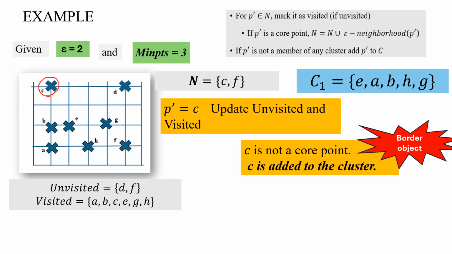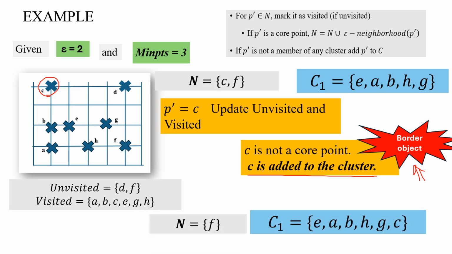It will get added to the cluster. And we can see here this border object. Border objects are those which are themselves not core but fall in the neighborhood of a core point.